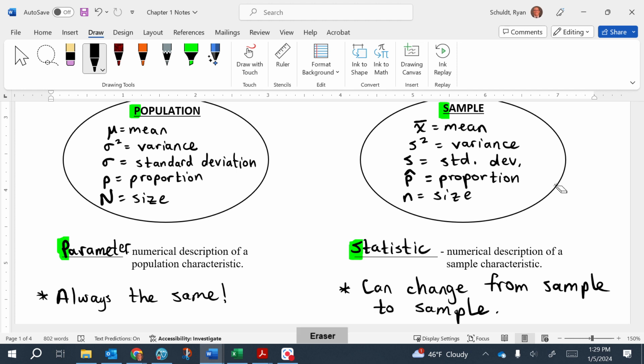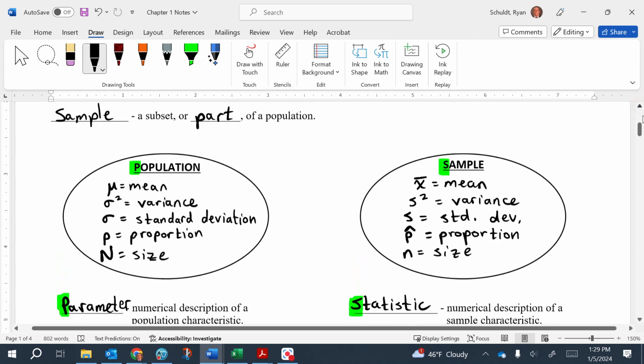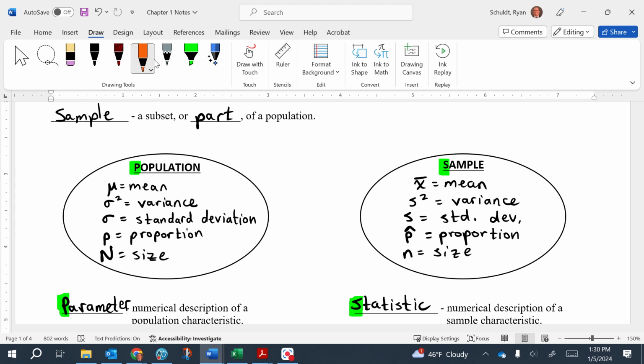Okay, so just to give y'all an outline of what this course is going to entail, we're going to be bouncing back and forth between these all semester long. At first, we're going to be going from a population to a sample. That's going to be done in chapters 3 and 4 when we deal with probability.